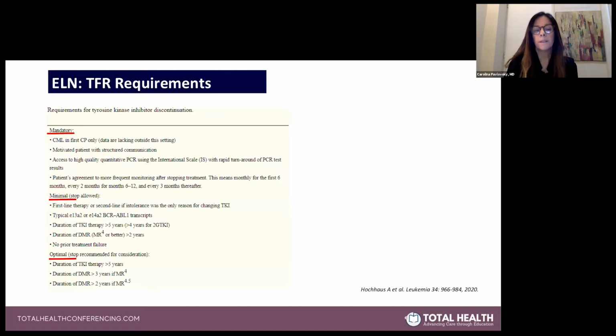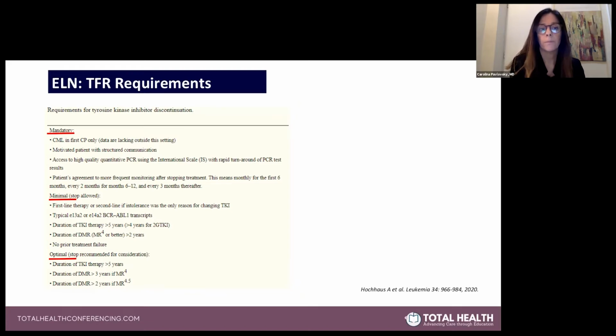About the requirements for TFR, this is very important because we must discontinue only if we have patients that fulfill all the bullets that I am sharing here in the slide. For example, the ELN says that these are the requirements, and that some are mandatory, some are minimal, and some are optimal.